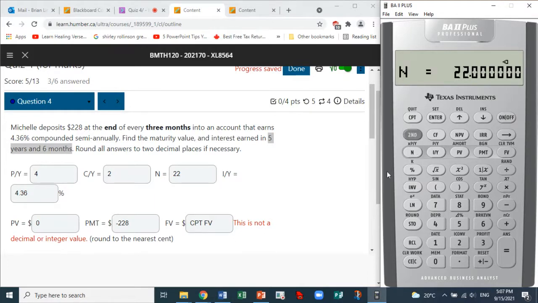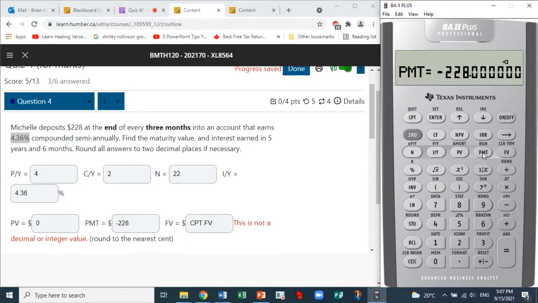Then we go second N, and 22 is indeed correct. The interest rate is 4.36, and we click on IY. Present value is 0. The payment is 228.